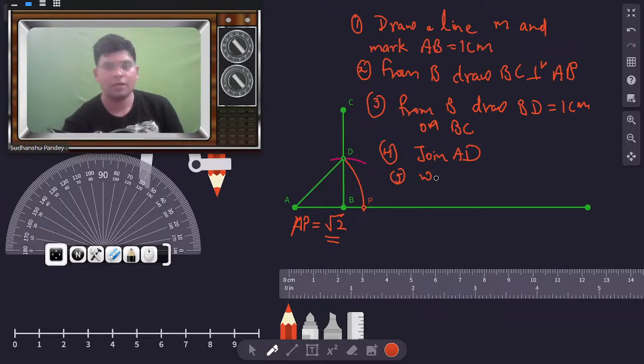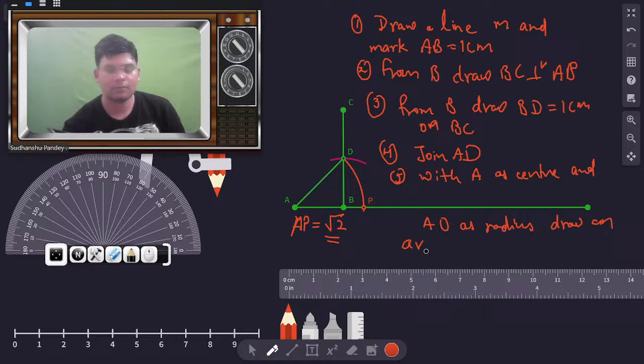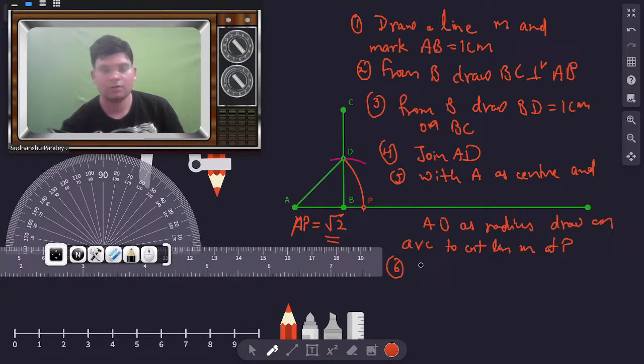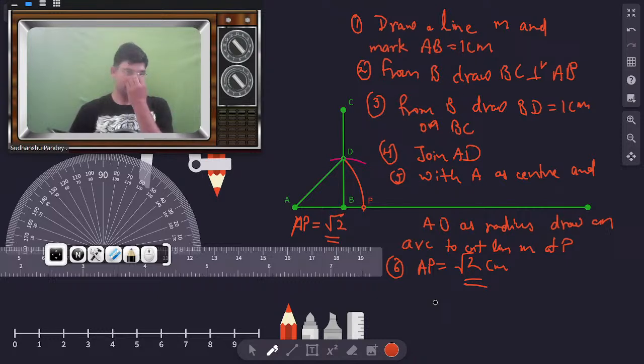Fifth point, with A as a center and AD as a radius, draw an arc to cut line M at P. AP is equal to under root 2 सेंटीमीटर. सबको समझ में आया?